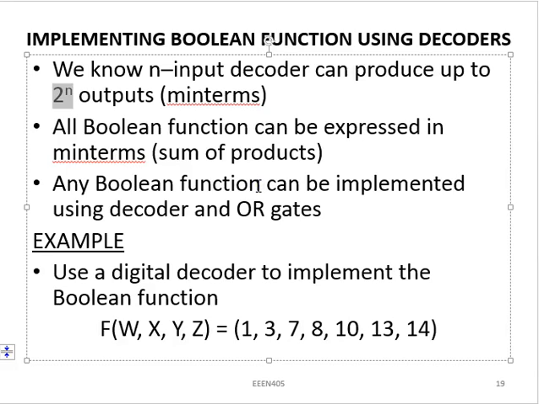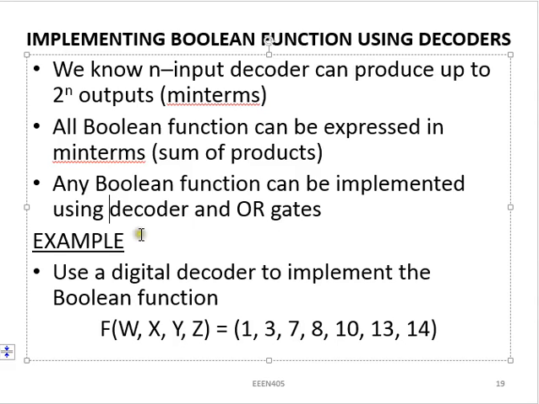And if you want to implement a Boolean function using a decoder, all you need to do is to select the suitable decoder depending on the number of variables you have in the function, and an OR gate which will take all the corresponding outputs from the decoder and pass them through it and deliver the final output.